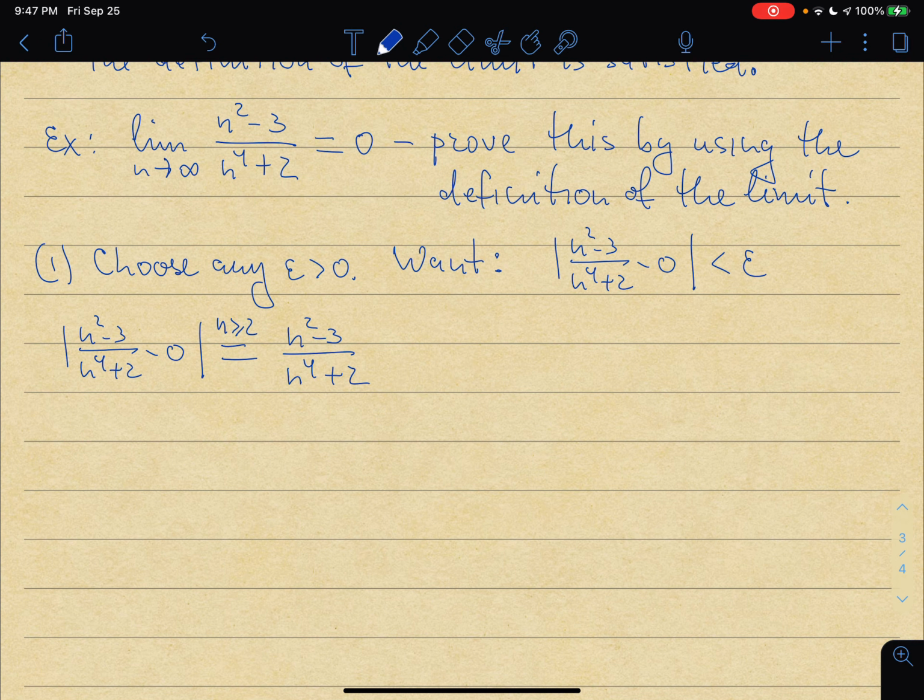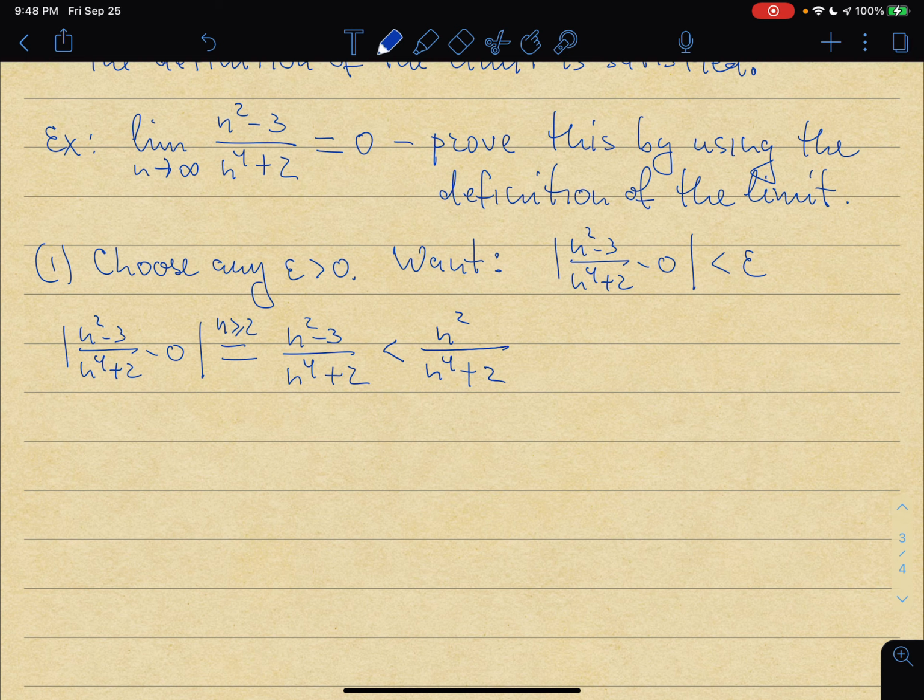The first thing that I notice is that if I throw away the minus 3 on the top, then I'm making the numerator larger because I'm not subtracting 3 from it. So if I throw it away, the outcome is going to be strictly bigger. N squared over n to the 4th plus 2 is strictly bigger than my original expression.